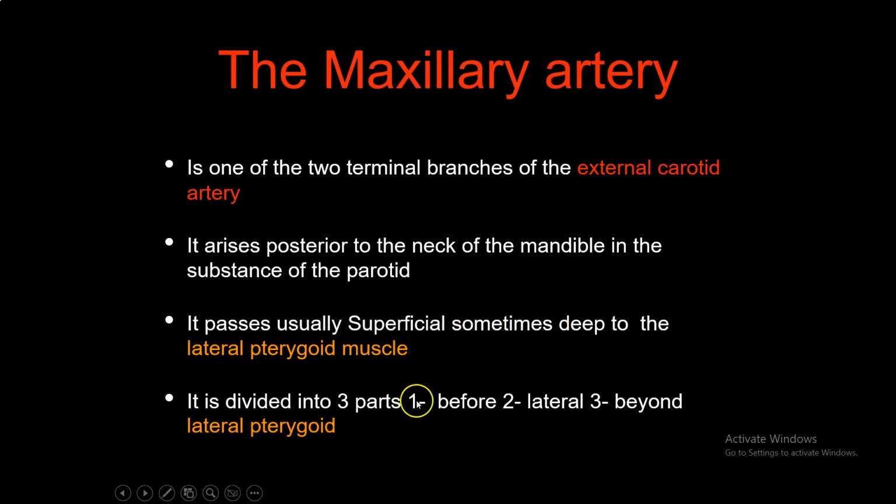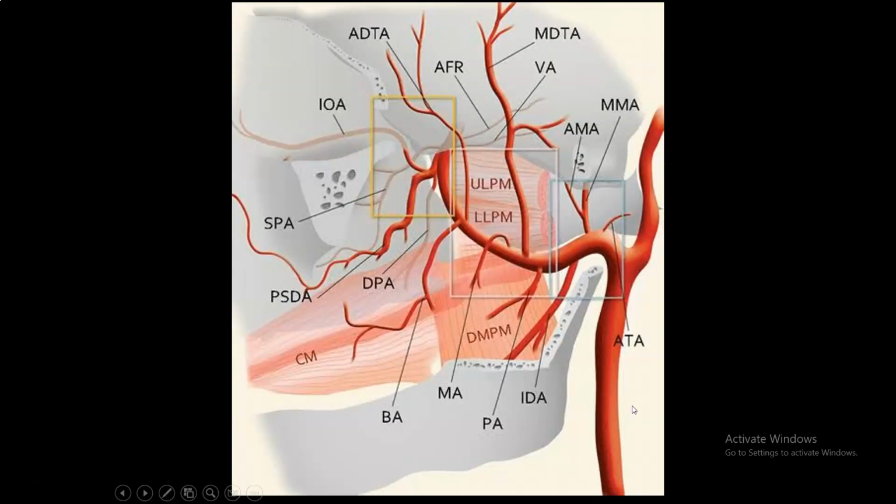It is divided into three parts by the lateral pterygoid: before reaching the muscle, lateral to the muscle, and beyond the lateral pterygoid, or one, two, and three, first, second, third parts.